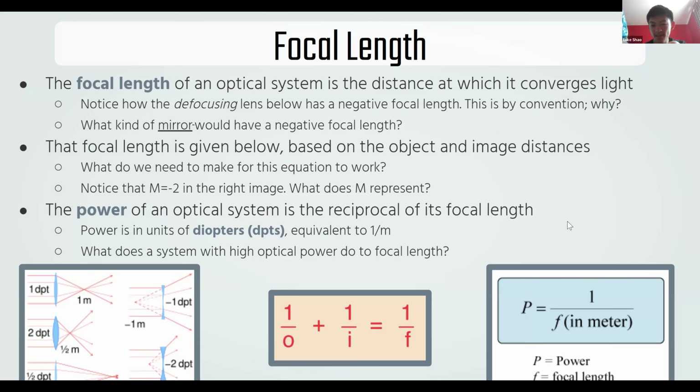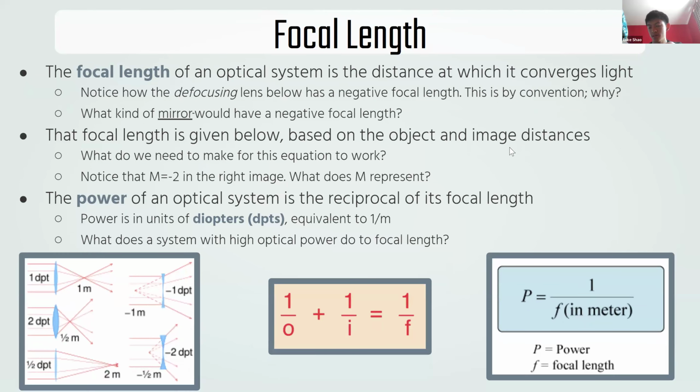They're usually asking you to modify the object distance or the image distance without changing the lens. So normally you just want to think about how O and I relate to F.